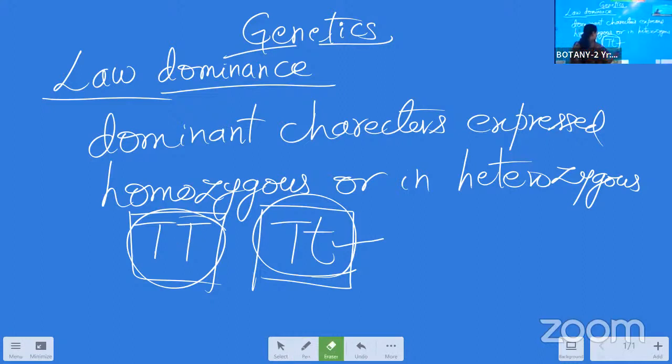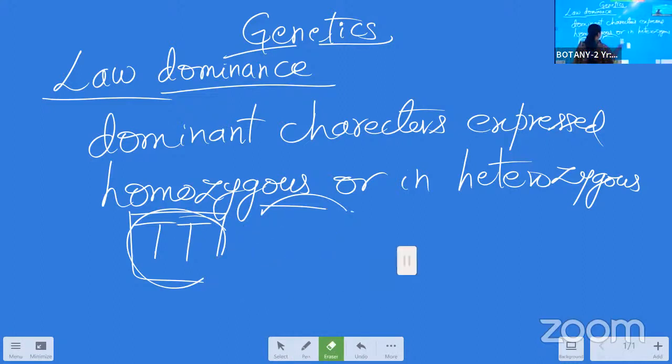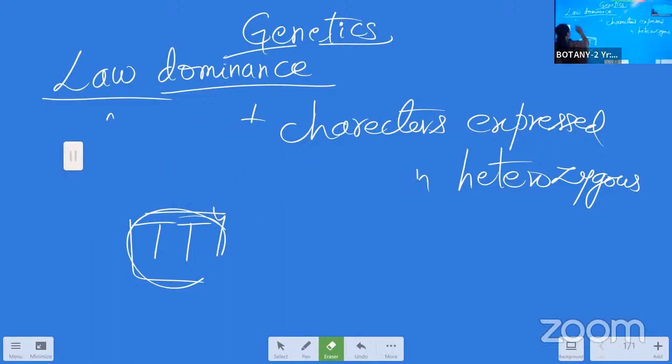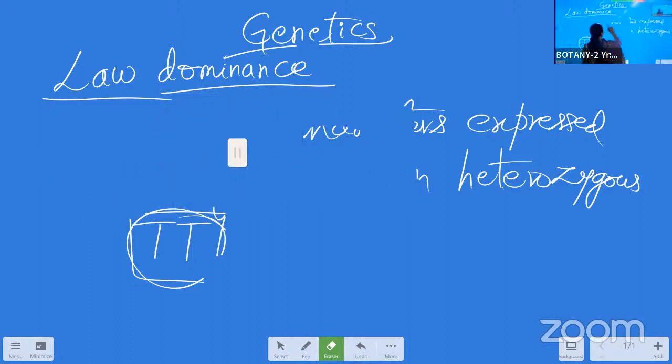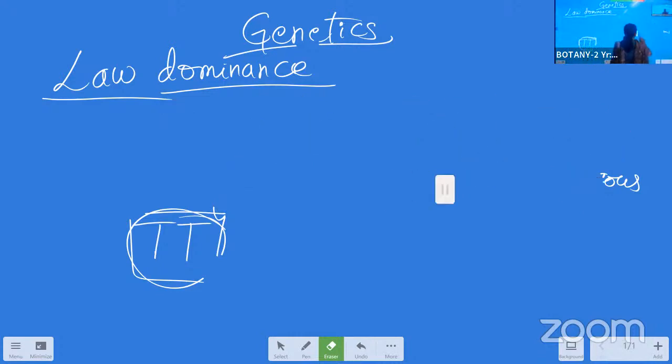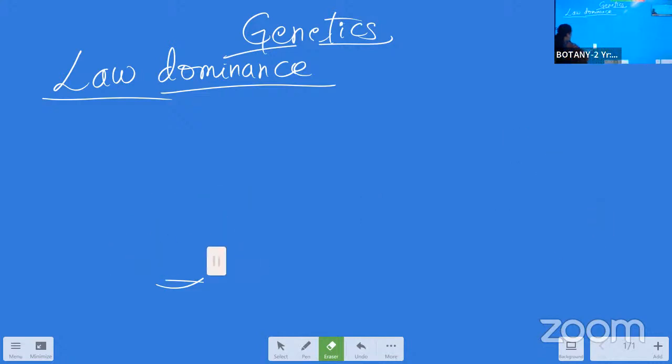Whenever this dominant character is expressed in the heterozygous condition, it suppresses the other allelic character. The character expressed by the recessive allele is suppressed, but the characters are present in that organism, suppressed for a period of time.